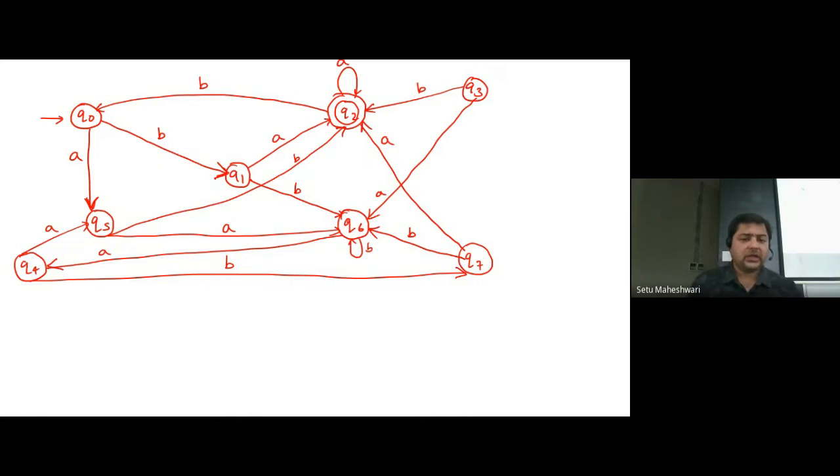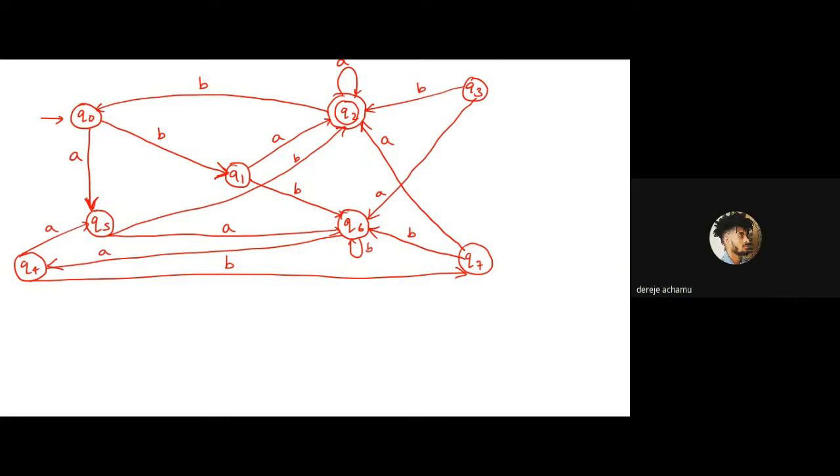Not to you, I'm saying it to the online students. Q3, definitely Q3 is. Apart from Q3, is there anything else which is an unreachable state? Because it is not reachable from the first state, I think.